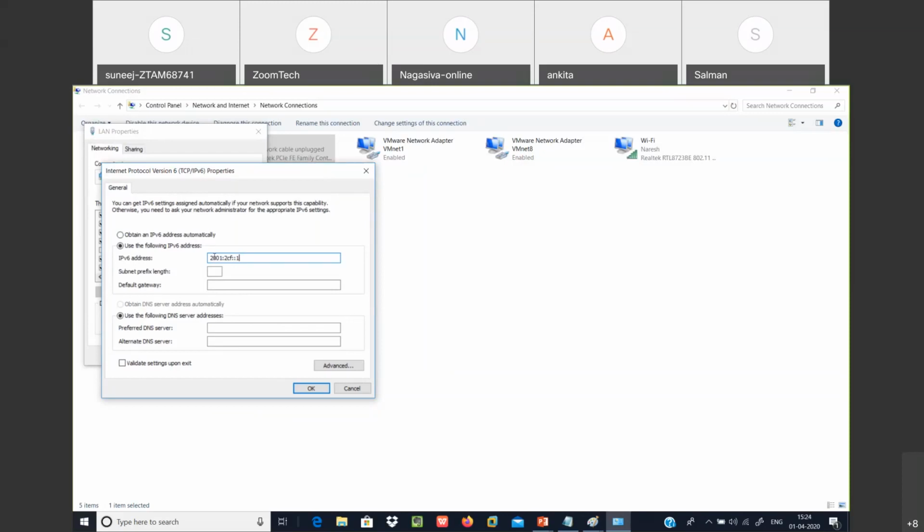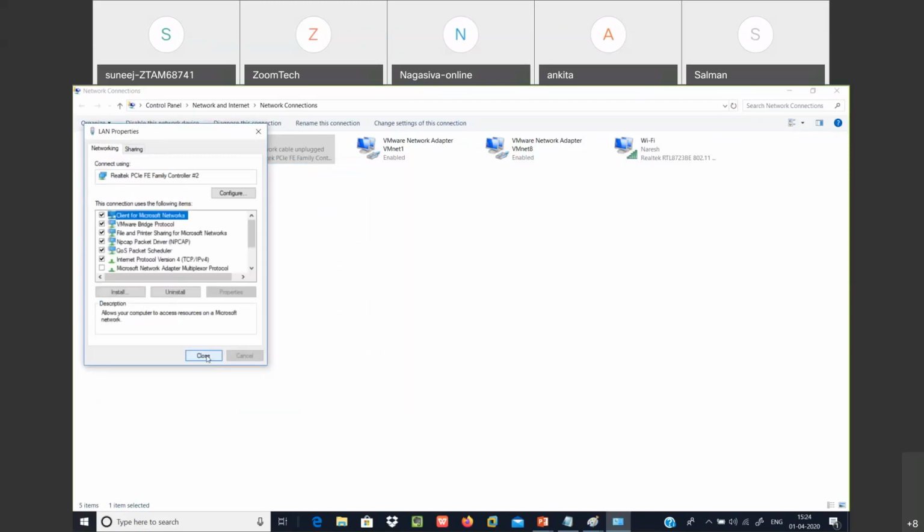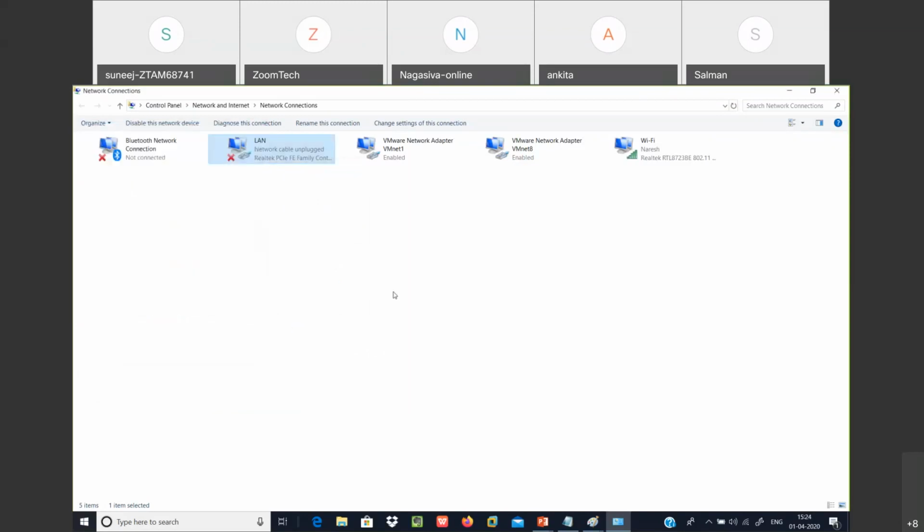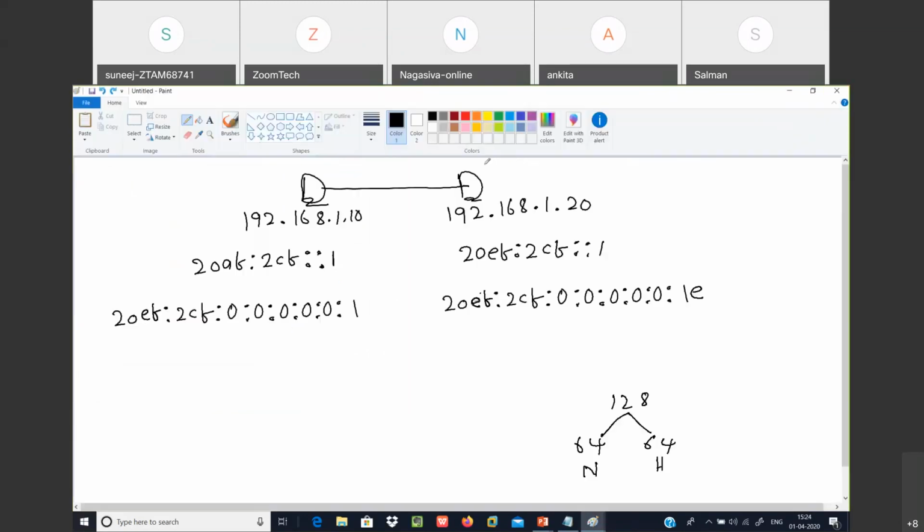The subnet prefix length is 64 by default; press Tab and you get it automatically. It means the length here is slash 64. Slash 64 indicates that the first 64 bits are the network portion.